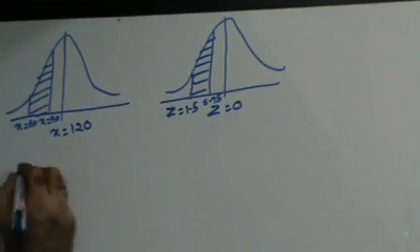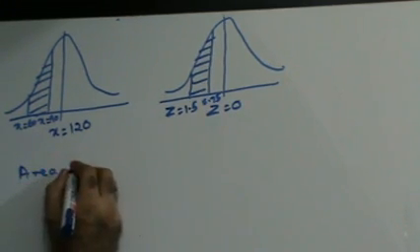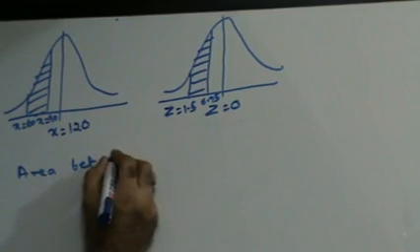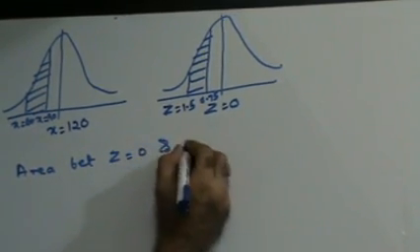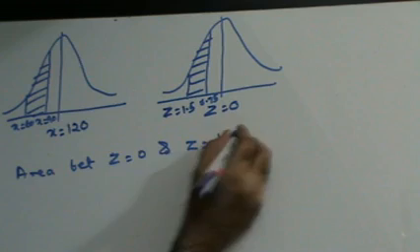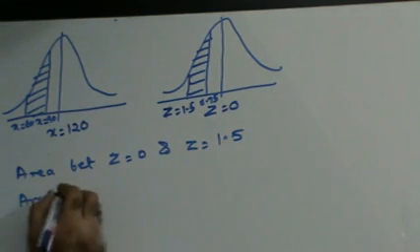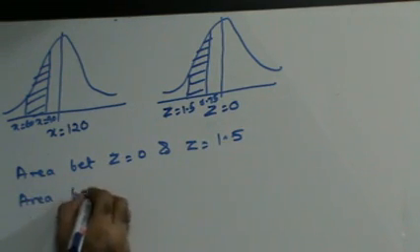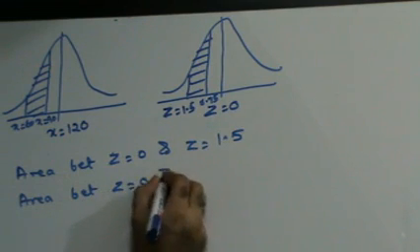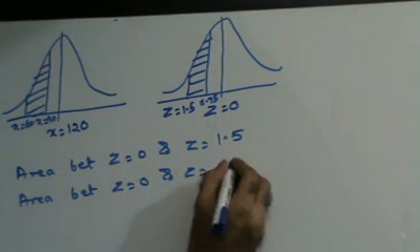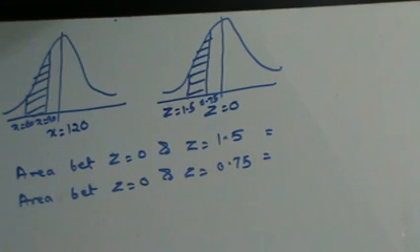Now, in the sum, they will give you the area between z is equal to 0 and z is equal to 1.5, and the area between z is equal to 0 and z is equal to 0.75. This data either will be given to you in the sum or they will give you the table. Either way it is going to be the same.